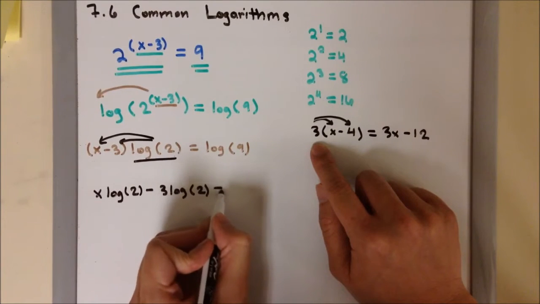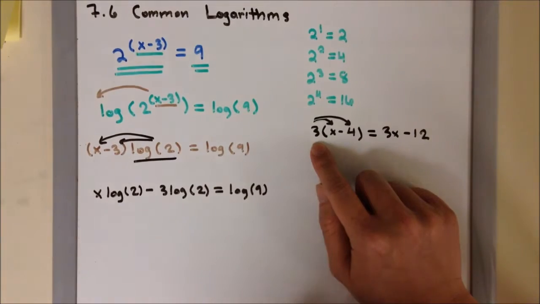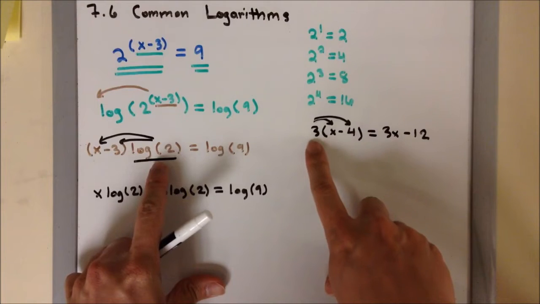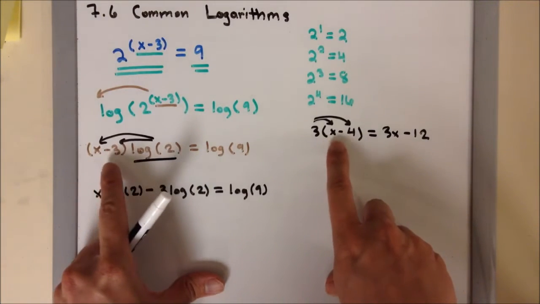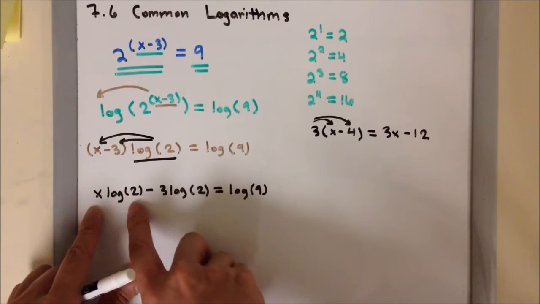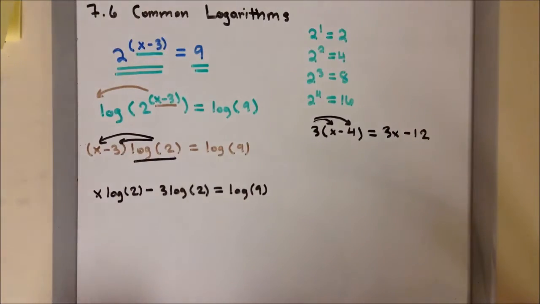And I still have the right side equal to log of 9. So again, the log 2 is just like this 3. You're going to distribute to everything that's inside the parentheses. So when I distribute to the x, I get x log of 2 minus 3 log of 2.